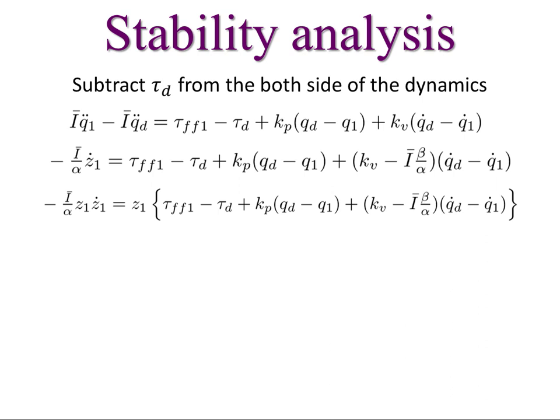To derive the product of the first feed-forward torque error and z1, we multiply both sides by z1. Integrating this equation by one cycle in time, we can calculate the second term on the right-hand side of the last equation of the previous slide.